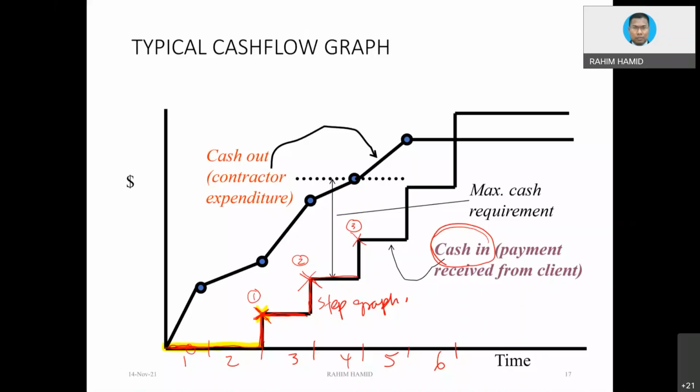So the same concept applies in the contractor's cash flow. So that's why we have what we call this step graph that represents money coming into the contractor's account by means of payment from the client.